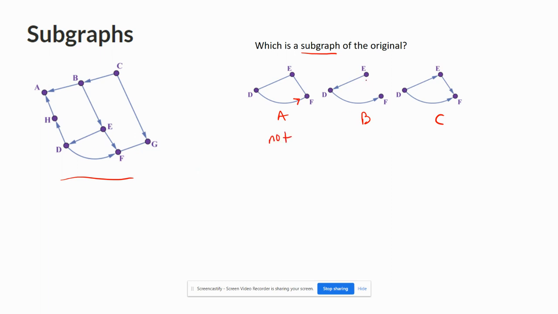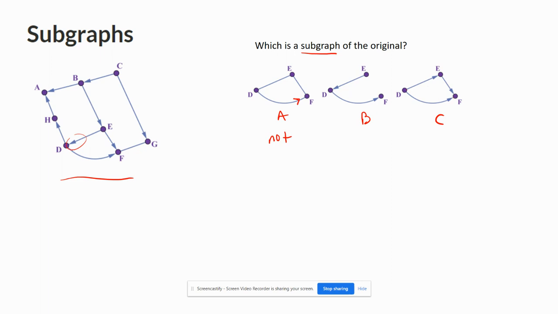And then B, if we look, okay, E to D has the same arrow, and D to F has the same arrow. But it's missing this little part. But let's come back to this and look at the second one. D has an arrow going to E, which is not the case here. It's the opposite.